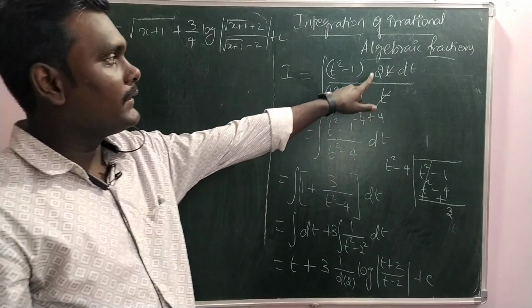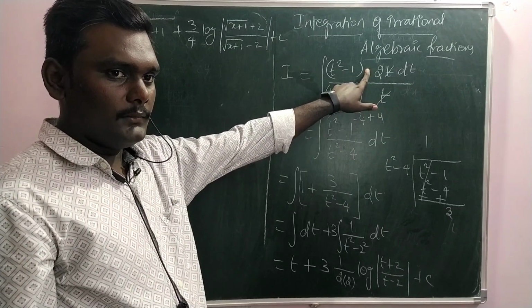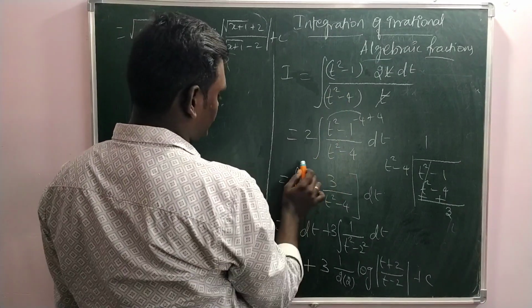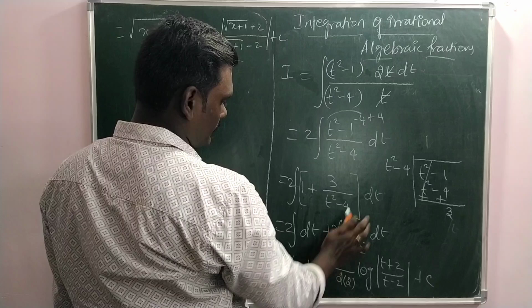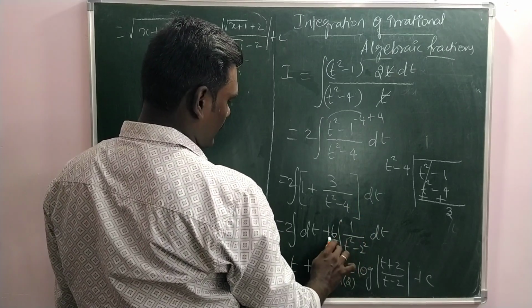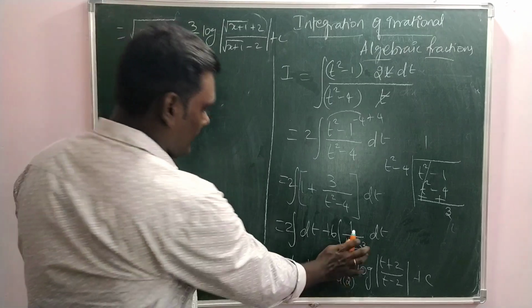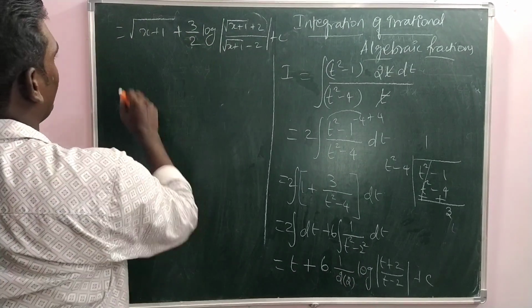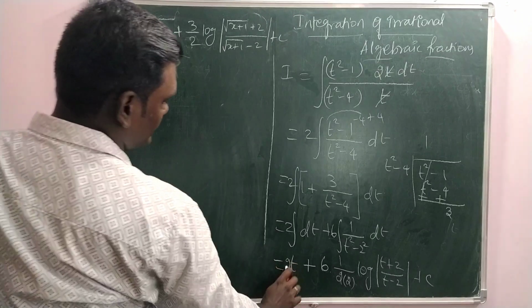Oh yes, we missed this 2, so that should be multiplied in front, then that is correct. 3 twos are 6, and then we get 6 by 4. 6 by 4 means 3 by 2. Here 2 will be there.